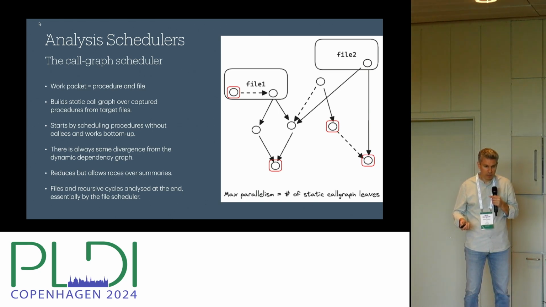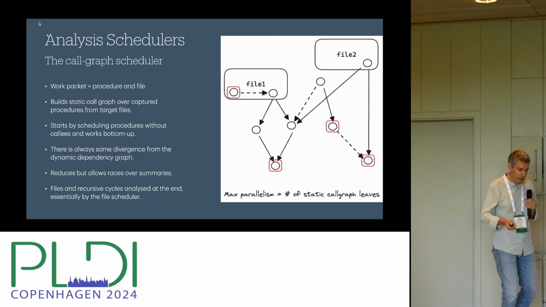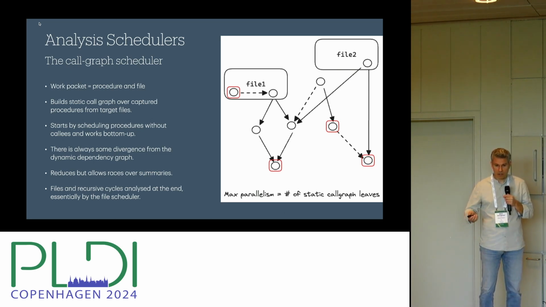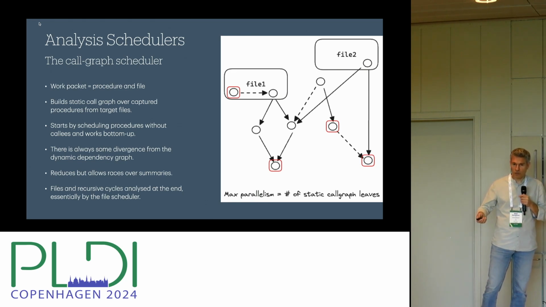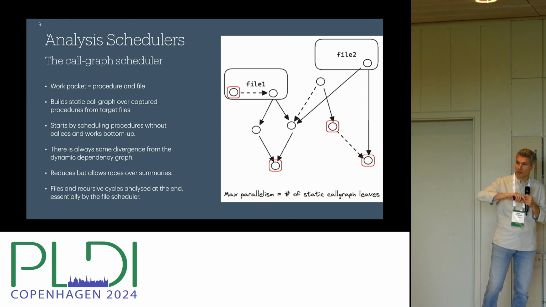for example, the deadlock detector would say, okay, I see I'm locking here a lock that is stored in some class A. I will go and also retrieve all the summaries of the methods of A to see if there's any deadlock, right?